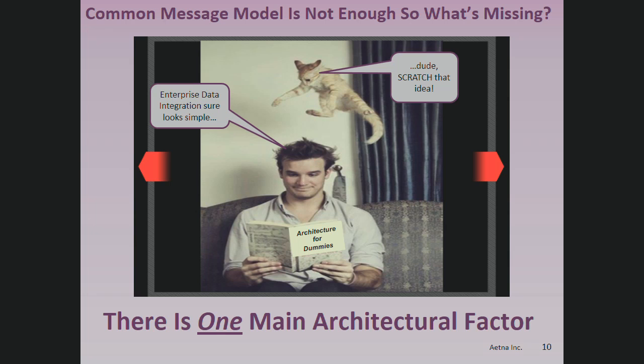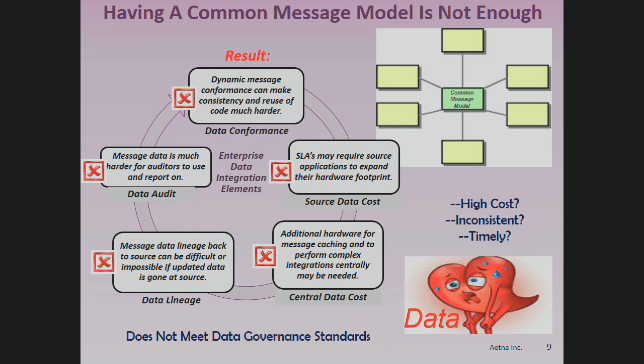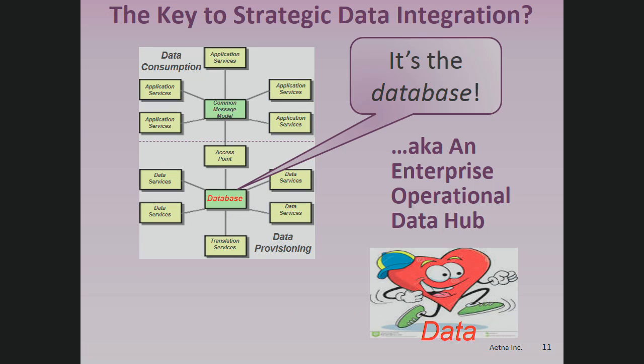So the one factor that's missing here, if people haven't guessed yet, is the database. The story that I tell people is, I've been around IT for a long time, over 30 years, and when the idea of a common message model first came out, and they were talking about service buses, and other people came up with the concept of data buses, and so on and so forth, those were all great ideas because they were based on a principle of decoupling applications one from another.